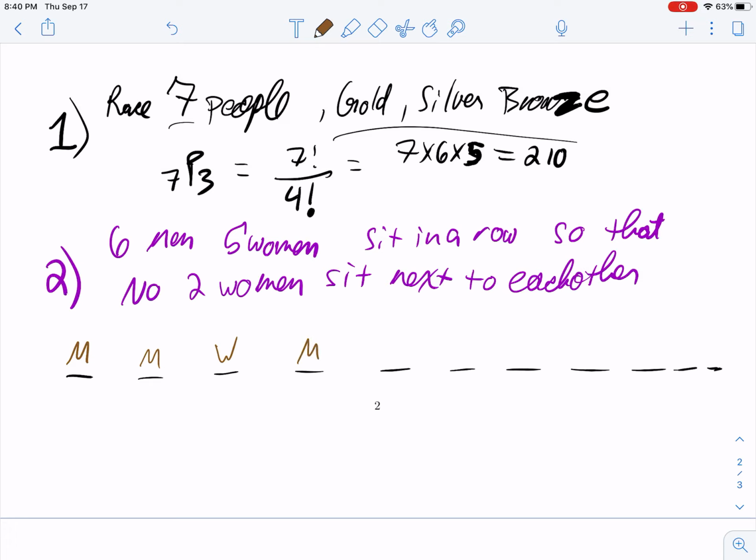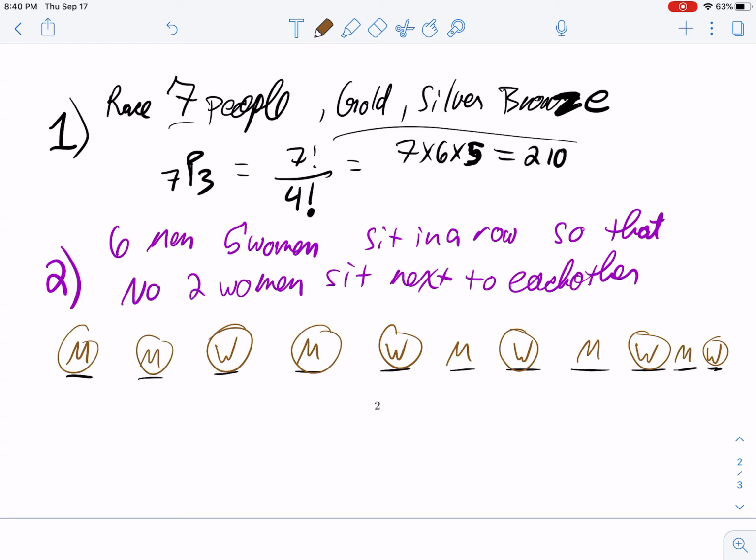I'll put a man and then a woman, and a man and then a woman, and then a man and a woman. Did I get enough? So I got 1, 2, 3, 4, 5 women. I have 1, 2, 3, 4, 5, 6 men. So this way it works. I can start man, man.